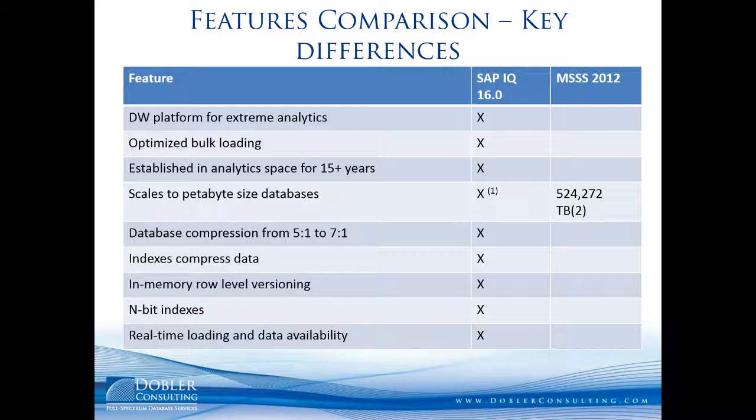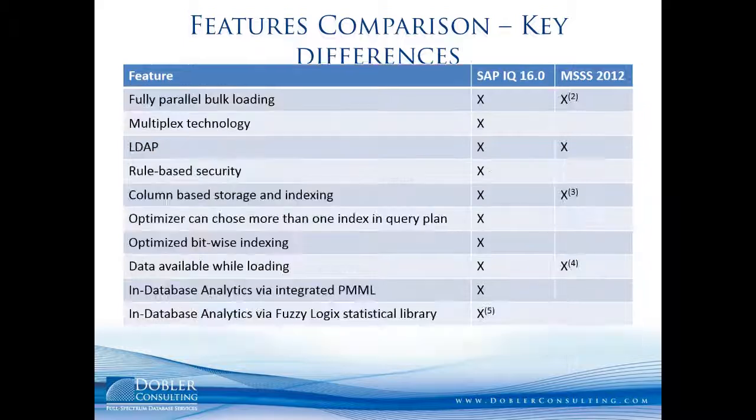What it means is compression ratios are going down even more. It allows you to really compress your index access to the data. Unbelievably, these variable n-bit indexes will take care of compression. And then there's the real-time loading behind that.